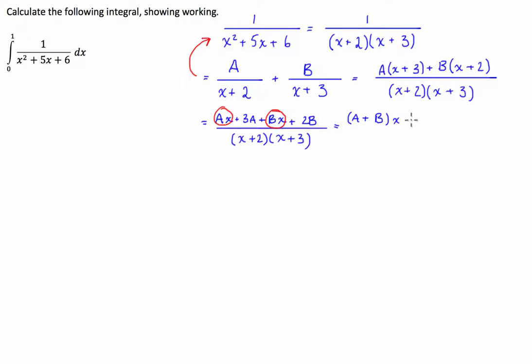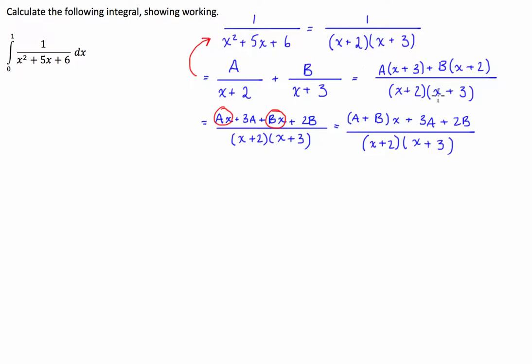And then I will add plus 3A plus 2B, and that's all divided by x plus 2, x plus 3.